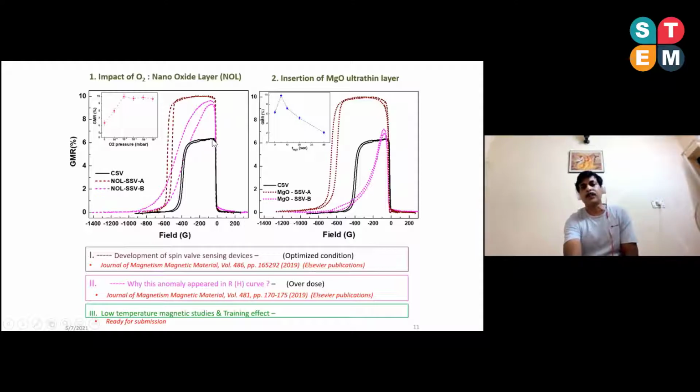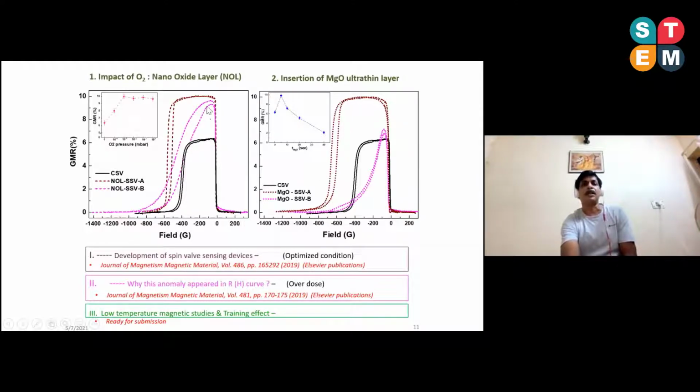When I do the specular with a nano oxide layer, which is nothing but a cobalt iron oxide layer, we can see the MR percentage enhanced from 6 to 10%. Similarly, when you use the MgO ultra thin layer, we also get an MR increase of about 10%, as well as an increase in the EB value.